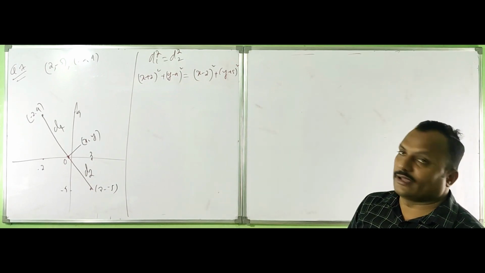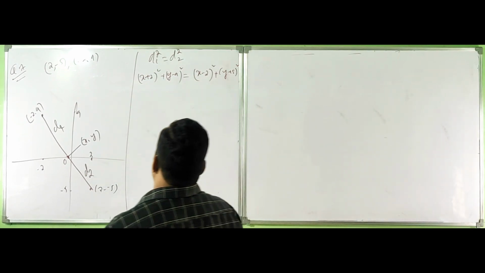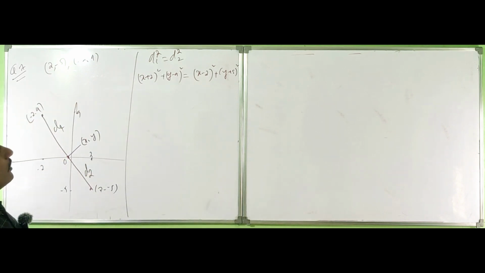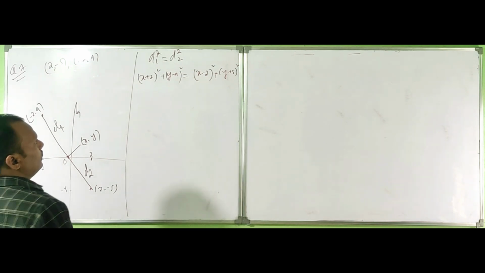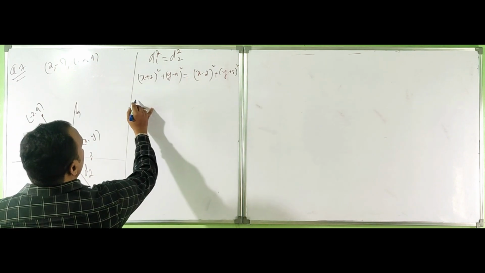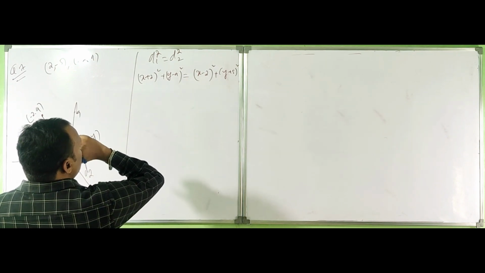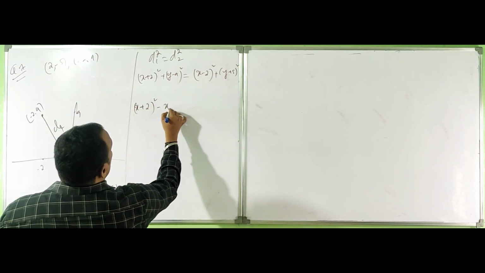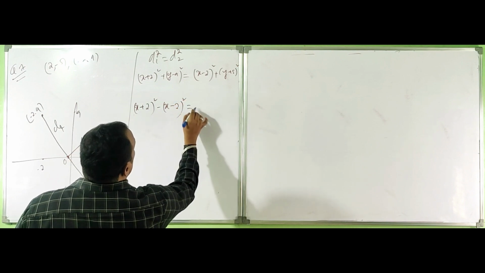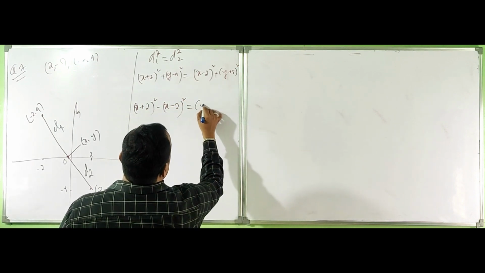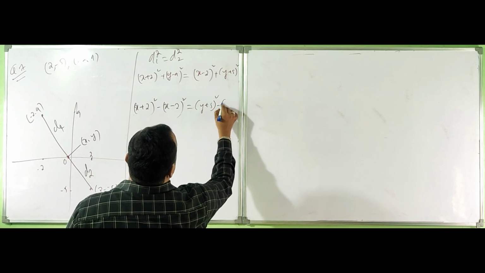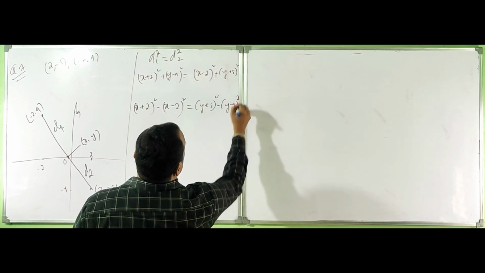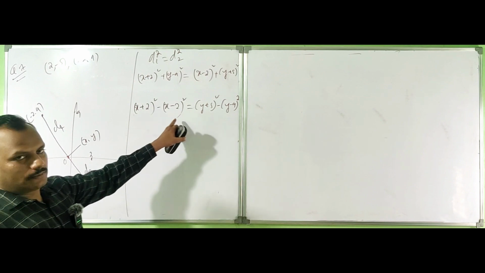Okay, I have to expand it to make the solution. (x + 2)^2 + (y - 9)^2. Let's do this: (x + 2)^2 minus (x - 2)^2, and this one is again (y + 5)^2 minus (y - 9)^2, a square minus b square.